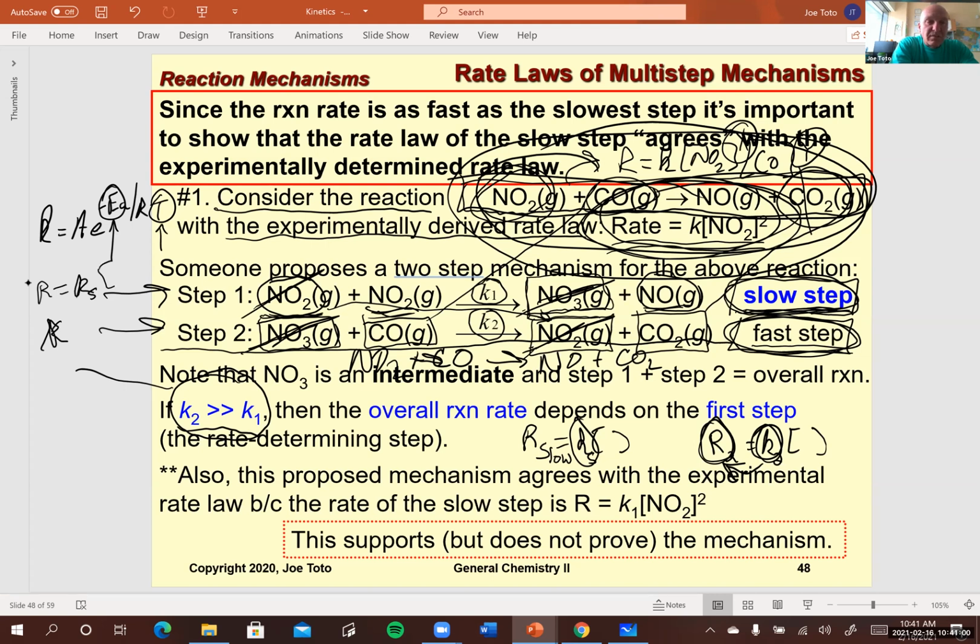Anybody? NO2 to the first power times NO2 to the first power, so that makes it to the second power. Yes, you're right. Another way to write that is just NO2 to the second power. Any questions on that?